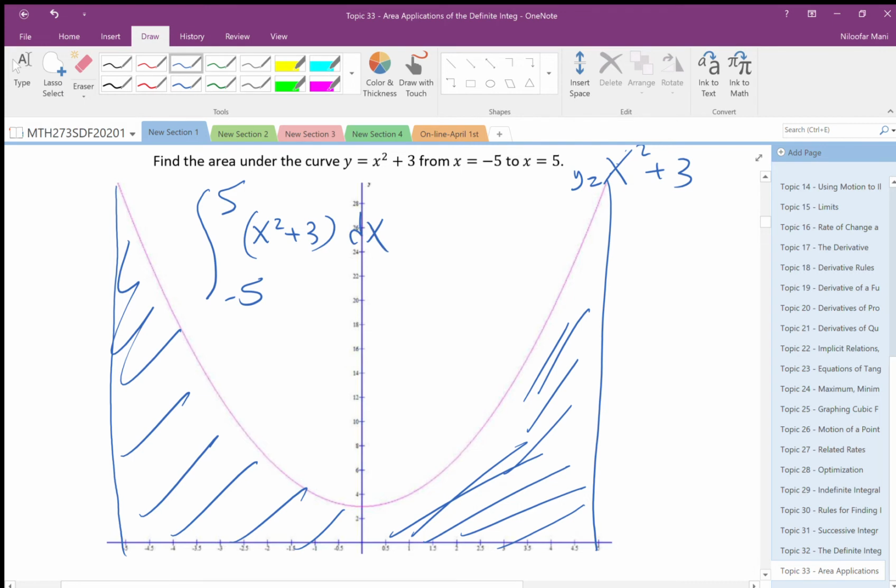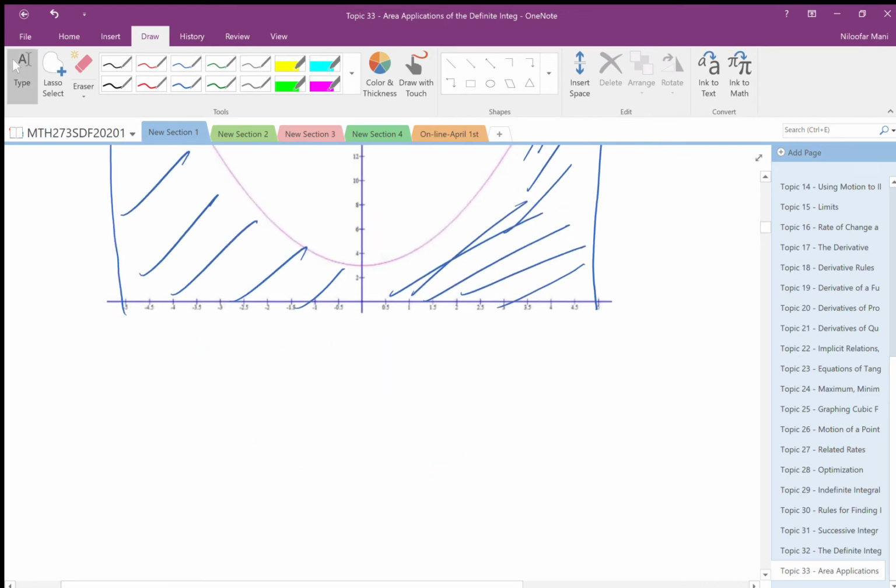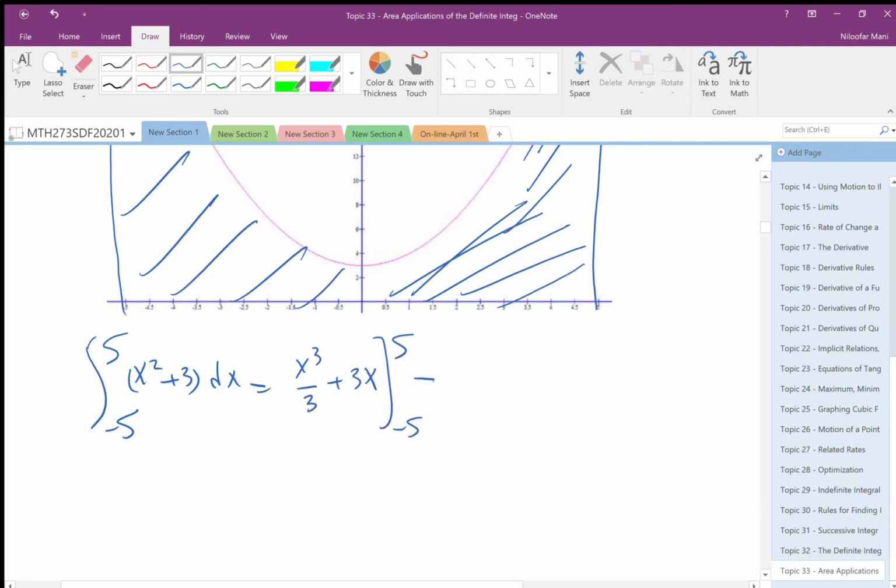I just need to find the answer. The integral from -5 to 5 of x squared plus 3 dx is x cubed divided by 3 plus 3x, from -5 to 5, right? Yeah.